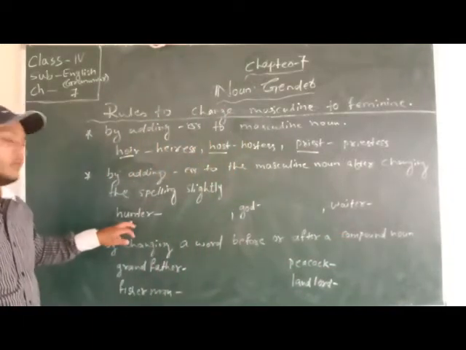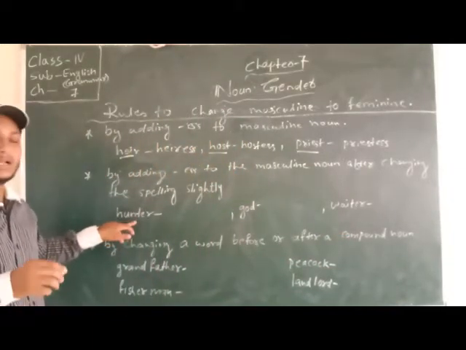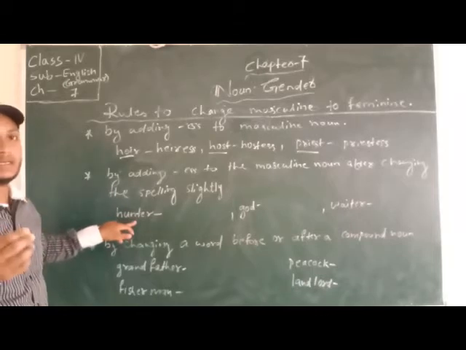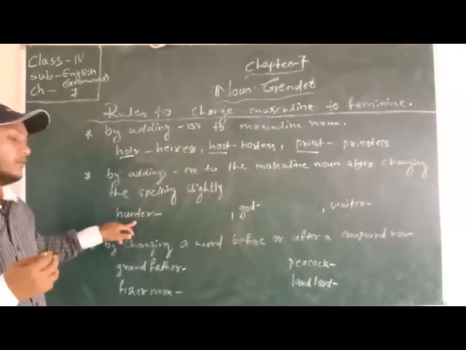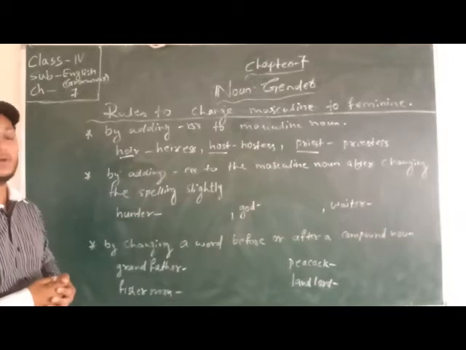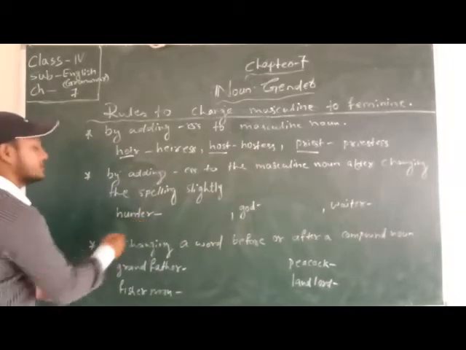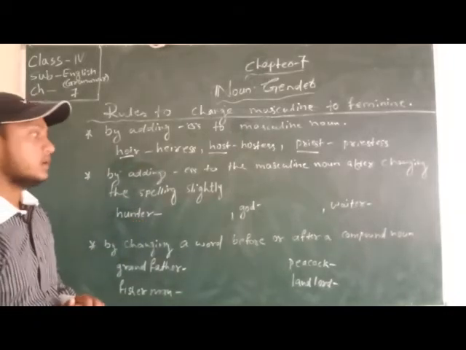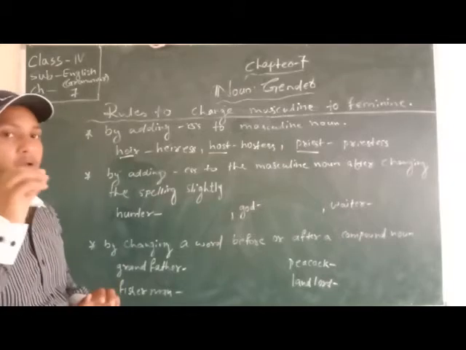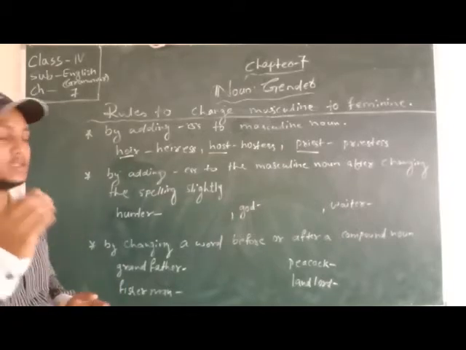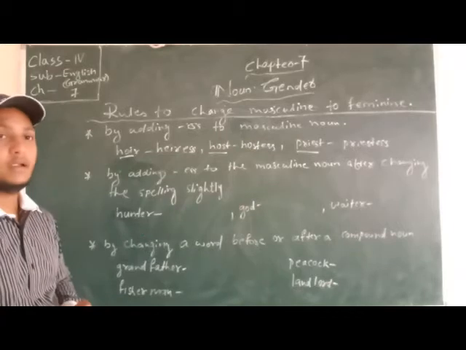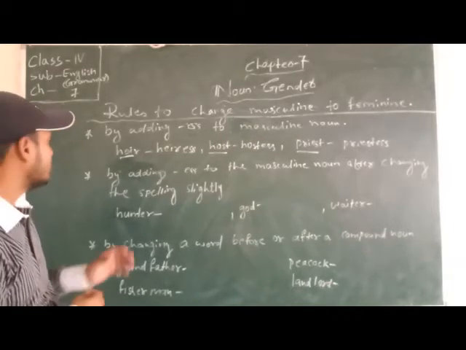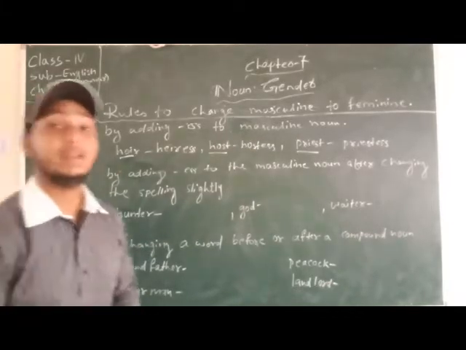If you want to convert hunter into feminine gender, what do we have to do? We have to simply change some letters of these words, and add ess to make a feminine noun.